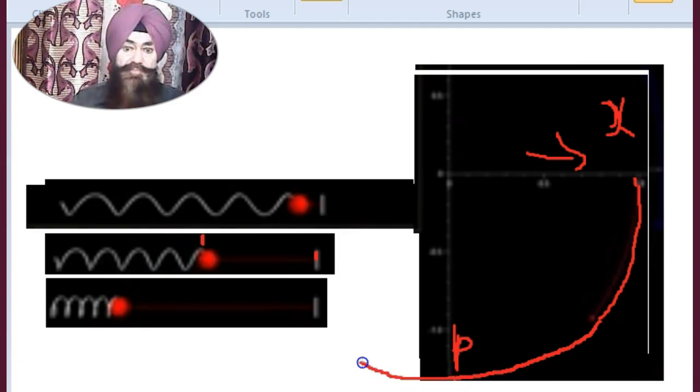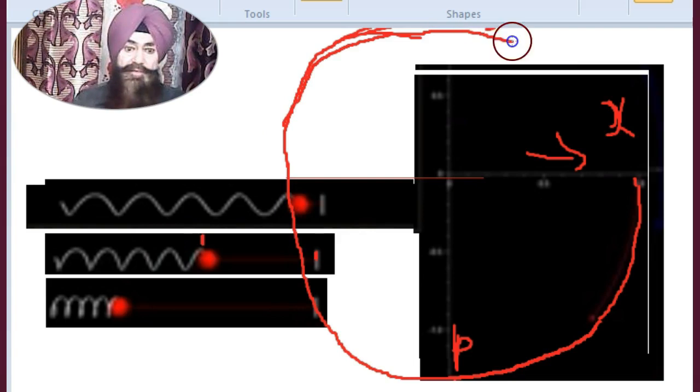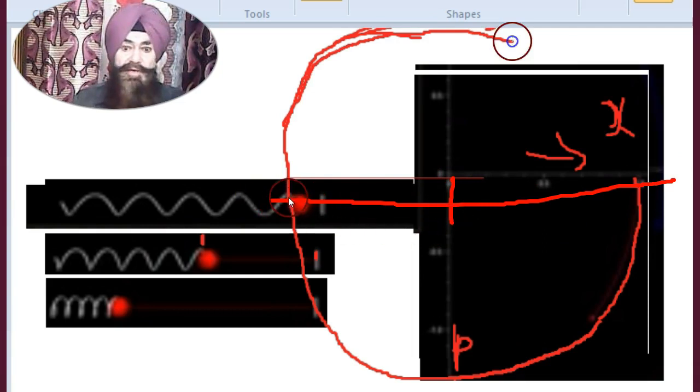The trajectory moves like this. Now x is increasing, and coming here, again the speed or the momentum is decreasing, but x is increasing in magnitude.